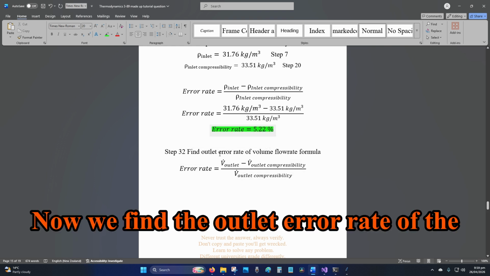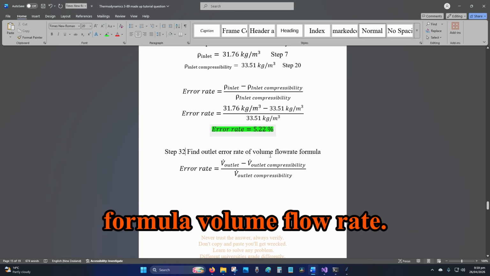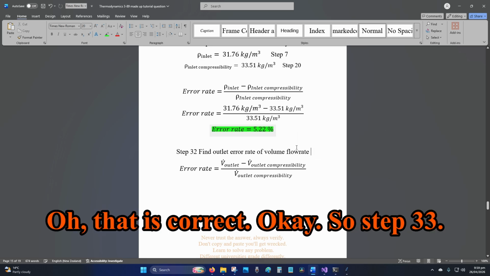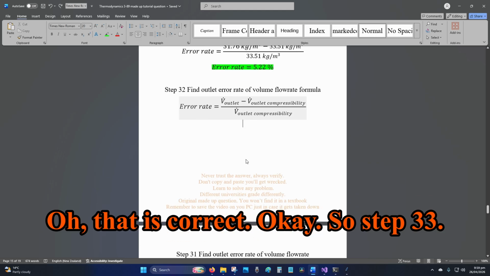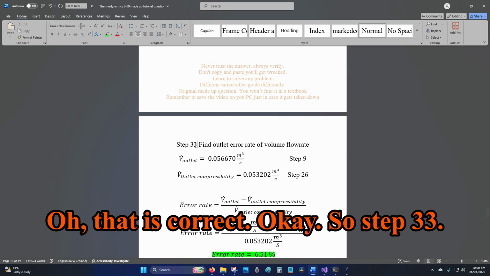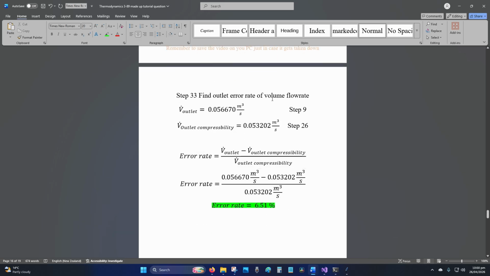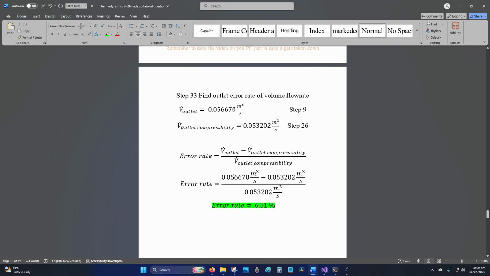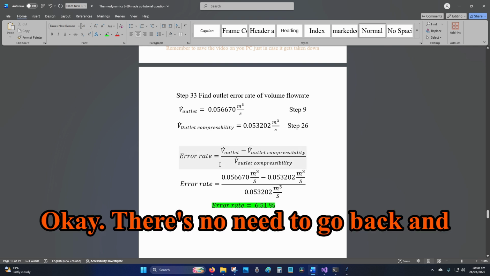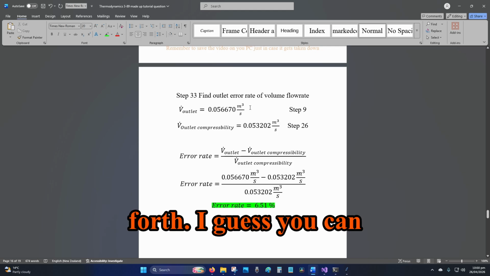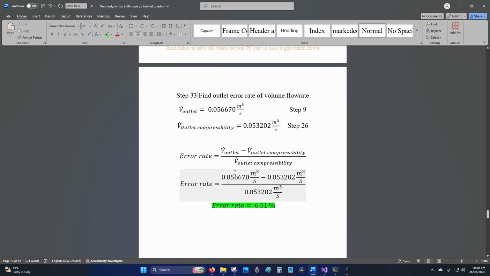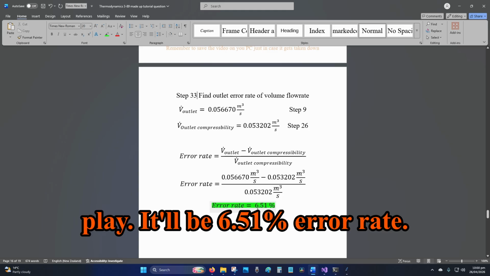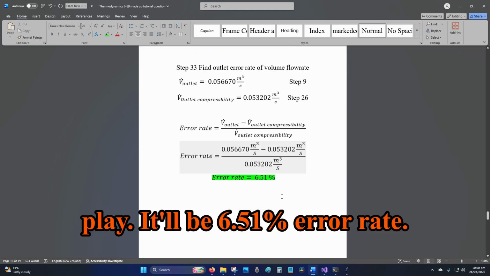Now we find the outlet error rate of the formula volume flow rate. Oh, that is correct. Okay. So step 33. So here are the values from step 9 and step 26 respectively. Okay. There's no need to go back and forth. I guess you can rewind the video if you want to. Alright, so you plug and play. It'll be 6.51% error rate.